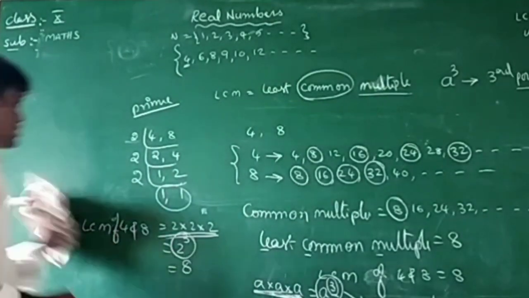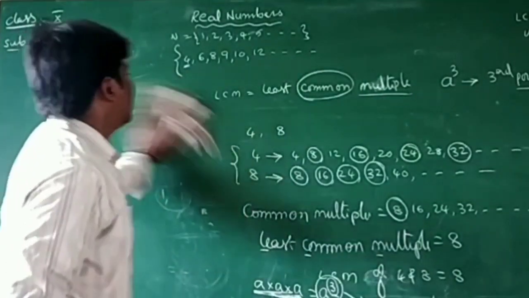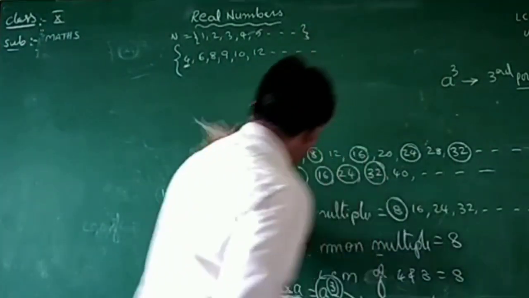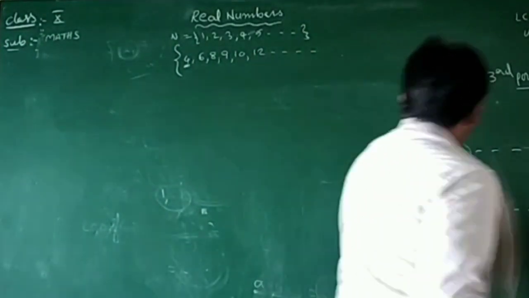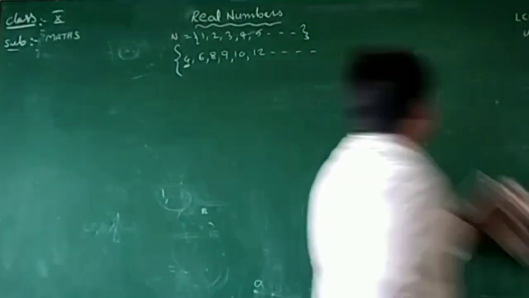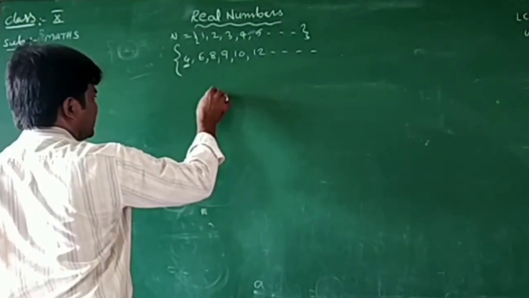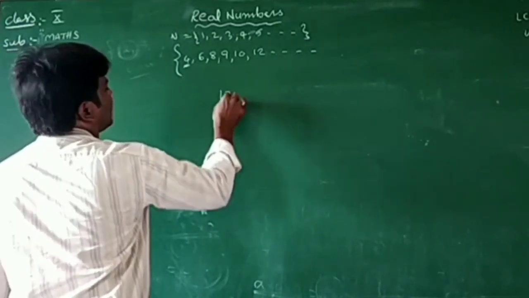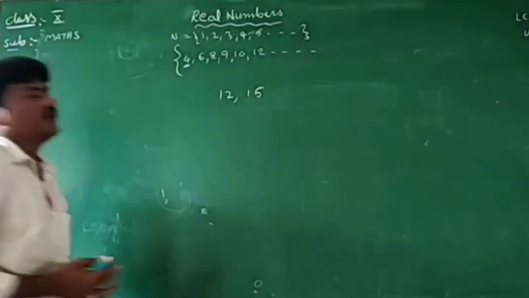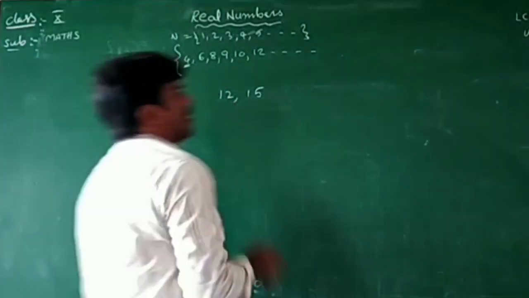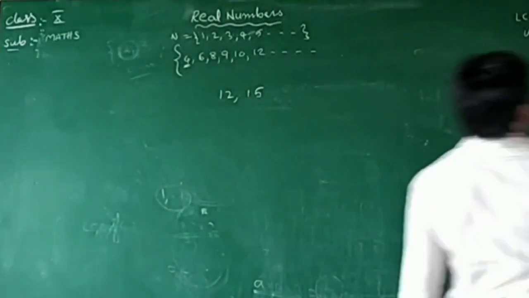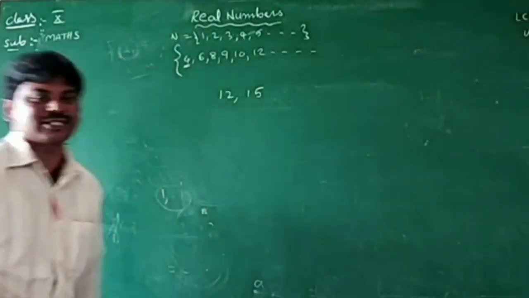Now by the prime factorization method, how to find the LCM and HCF? See, both LCM and HCF. See the numbers 12 and 15. Now we are using the prime factorization method. That's why we should use prime numbers only.